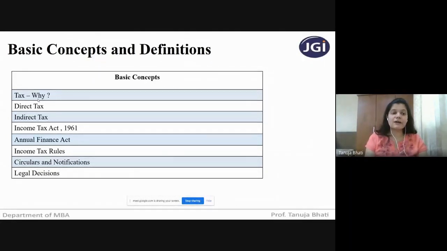Then infrastructure requires money, then healthcare, then defense. So there are different facilities provided by the government to citizens free of cost. To provide those facilities, the government wants some revenue, and that revenue is collected through the source of tax.